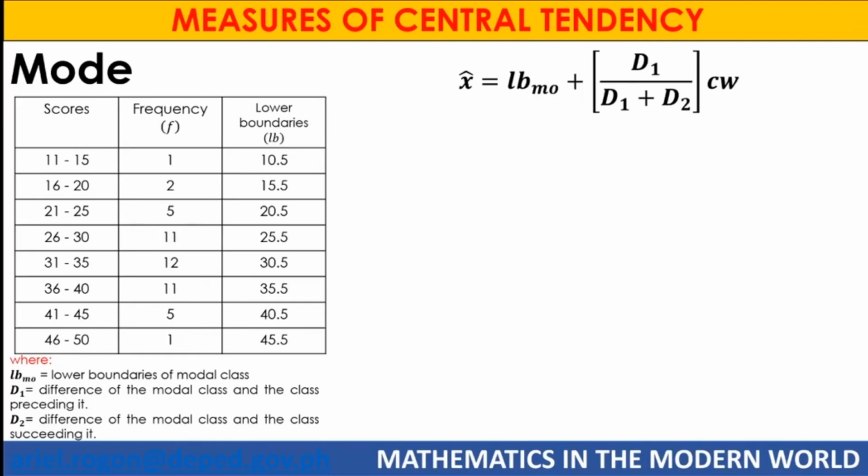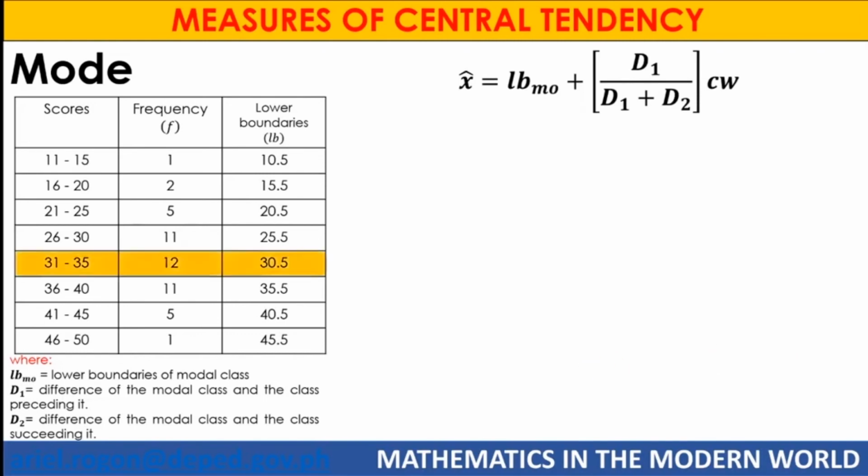Okay? So the first thing we're going to identify is the modal class. What would be our modal class? This is different from the median class. To identify the modal class, focus on the frequency column.